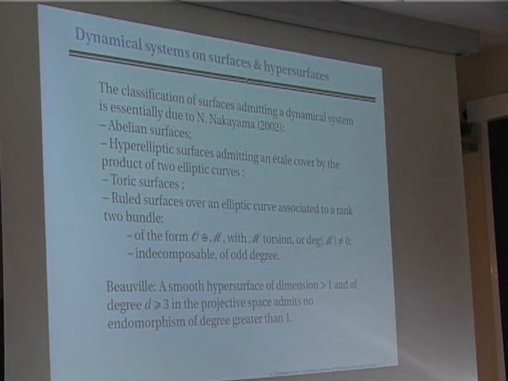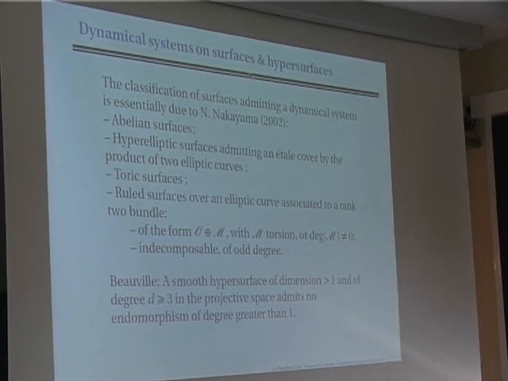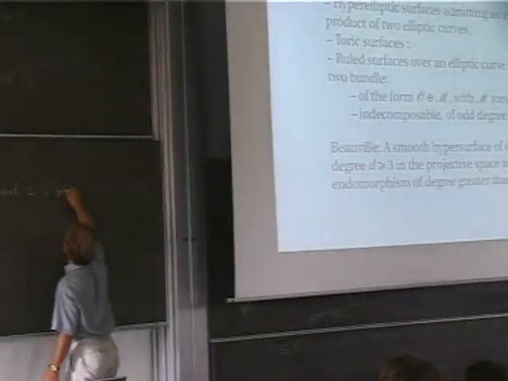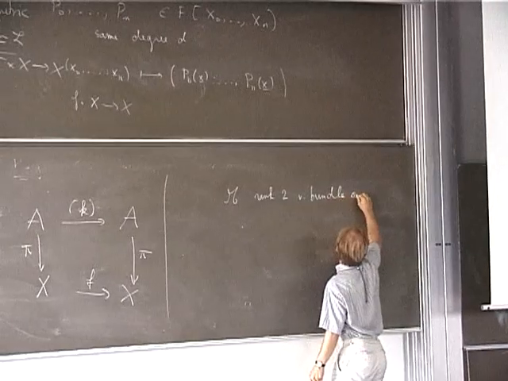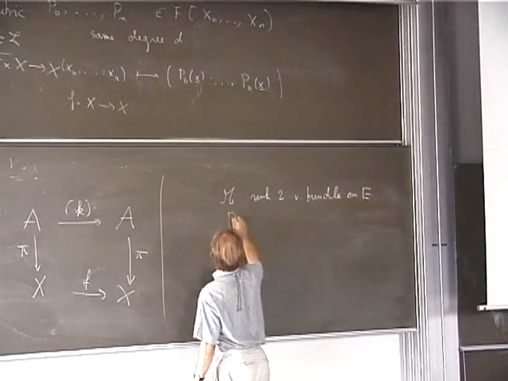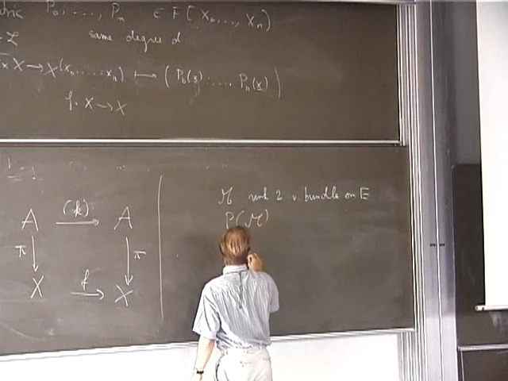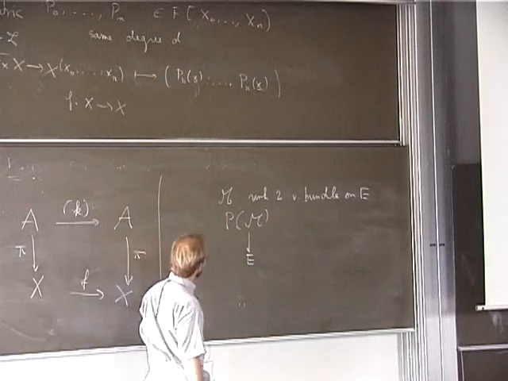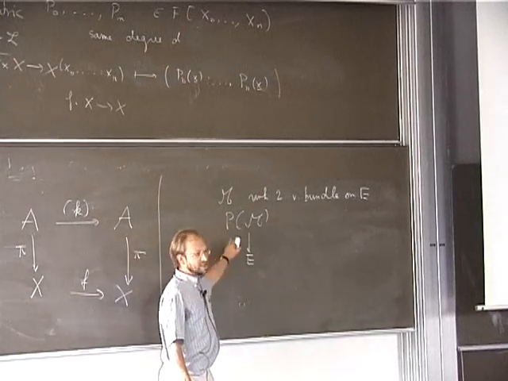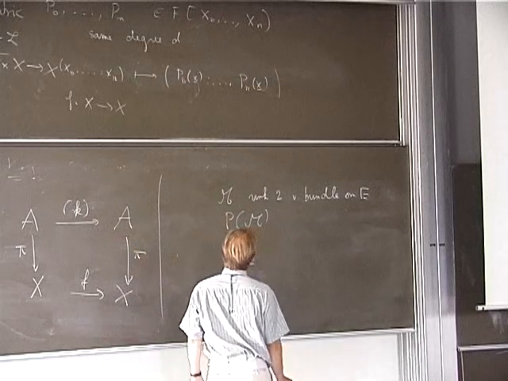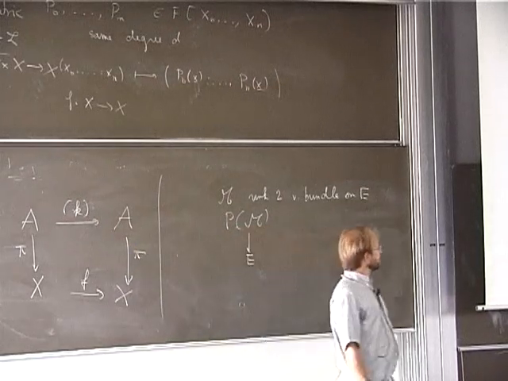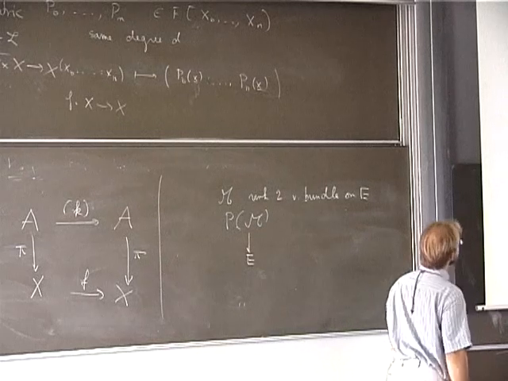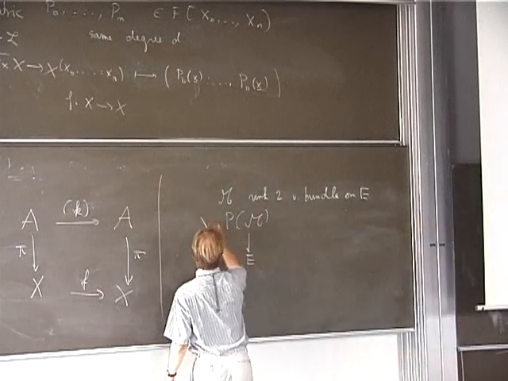These examples are very interesting because if one takes a rank 2 vector bundle M on an elliptic curve E, you have P of M, the projective vector bundle, which is a family of projective lines parameterized by the elliptic curve. There are two cases where one can have dynamical systems on such a variety.